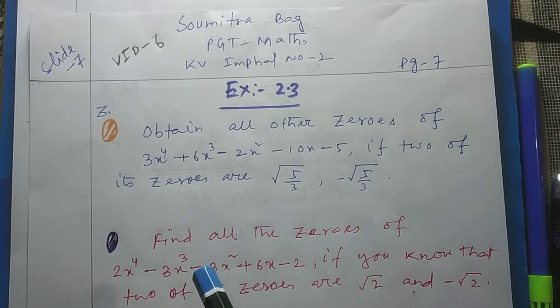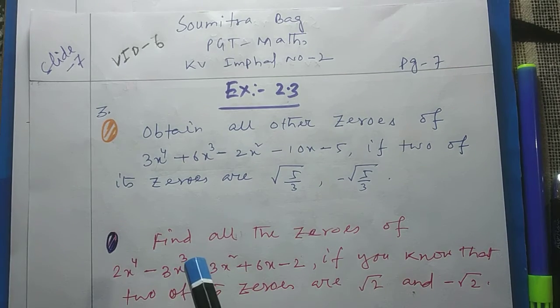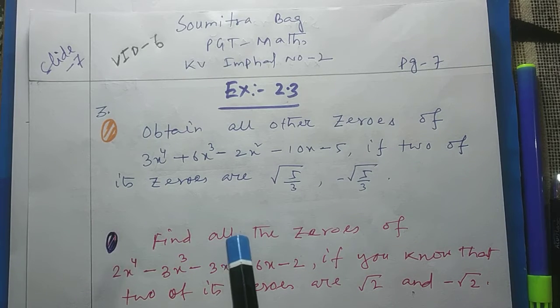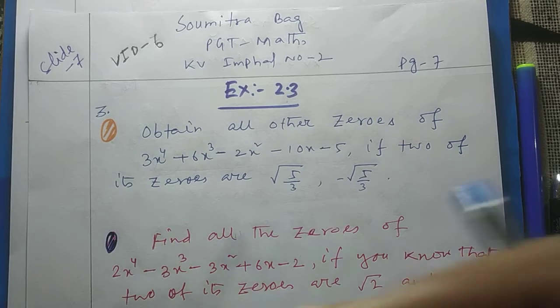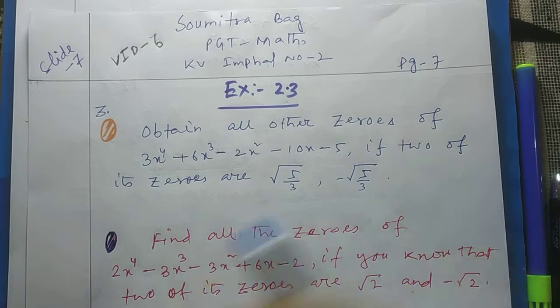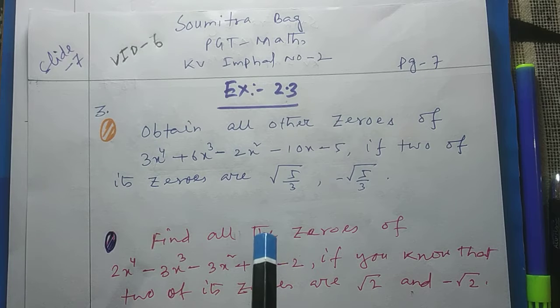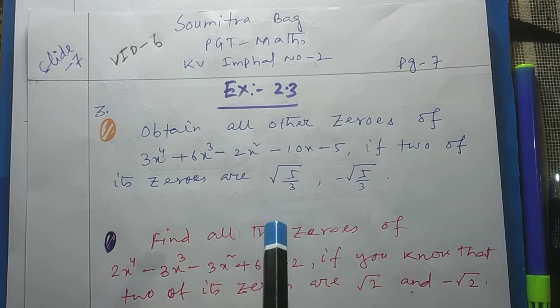In step 2, we have to divide the given big polynomial by the generated factor that we create in the first step. And in the final step, step 3, first we have to look for the quotient, and after that we shall be finding its zeros, and these will be the required remaining zeros for the given polynomial. Now let us solve all the steps one by one.